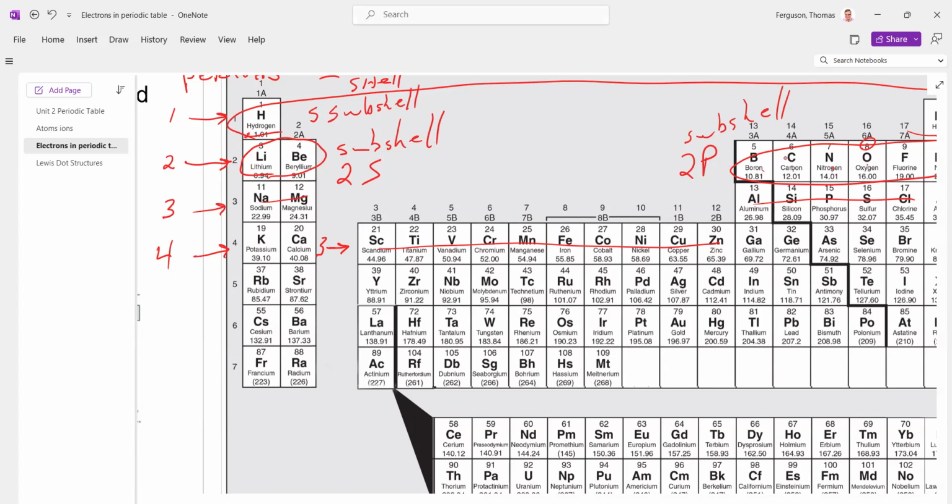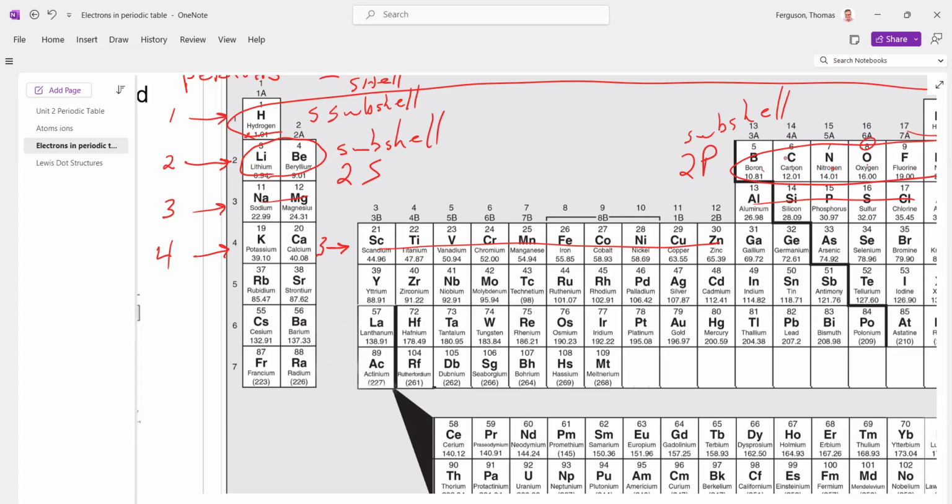And the next one I said was 18. Okay, so this thing's supposed to hold 18 electrons. But if we just look at the placement of the periodic table, there's not enough room for 18 electrons. So what happens is it's like this. So the 3rd shell maximum is 18.